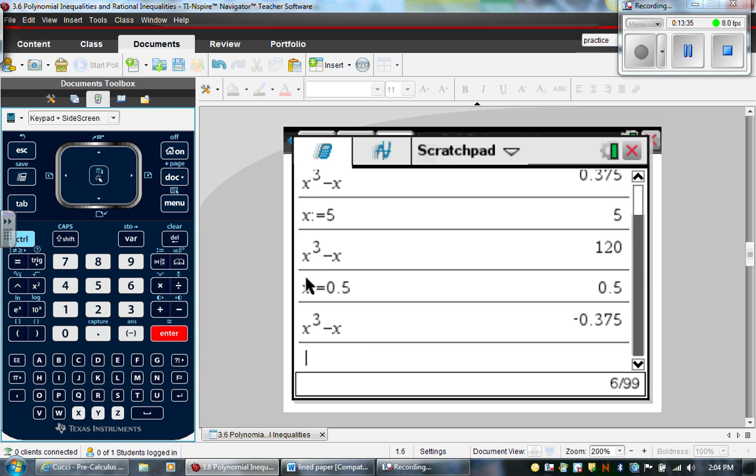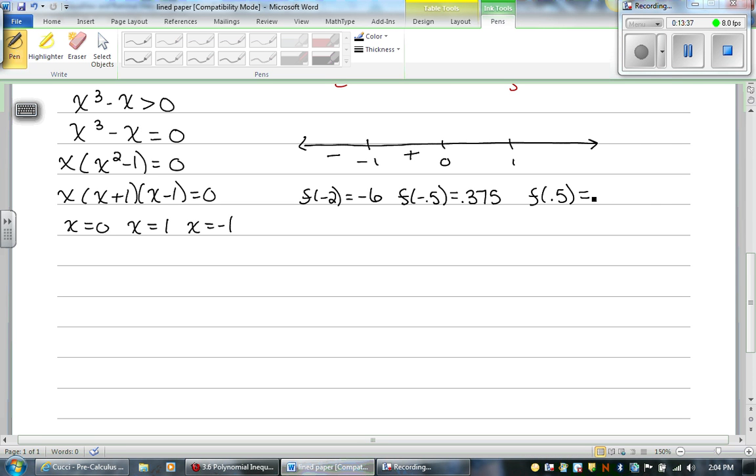We get negative 0.375. So there I'm negative. And then above 1, so let's try f of 2. 2 cubed is 8, minus 2 is 6. We're positive. Okay, so again, we want where we're greater than 0, so where our function is positive.